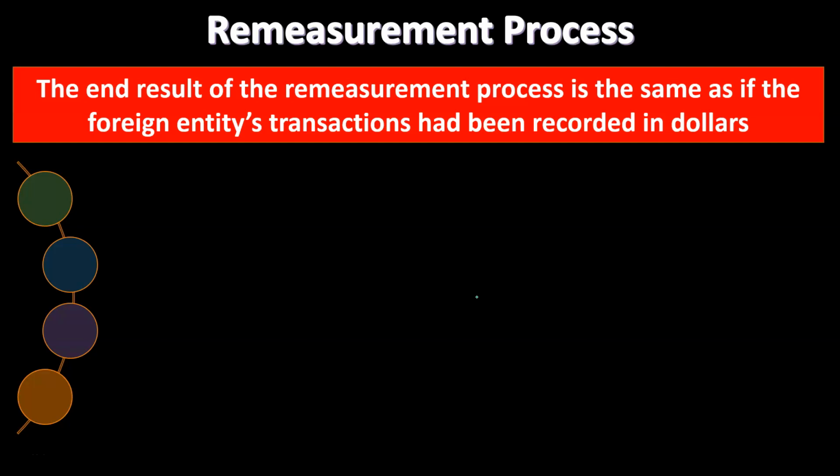If their functional currency is the foreign currency, then it's proper that they keep their books in the foreign currency, because that makes sense. We'll just take those numbers and translate them into US dollars so that we can then measure them in one measuring unit and combine them together with the parent.